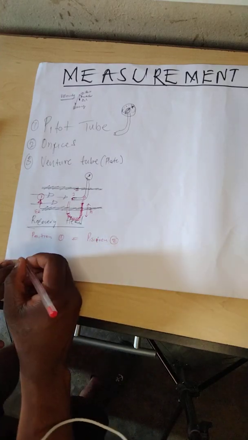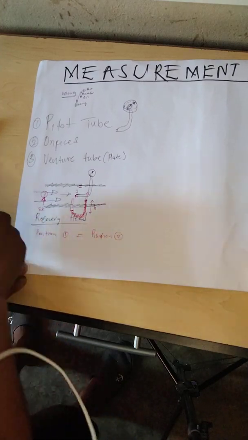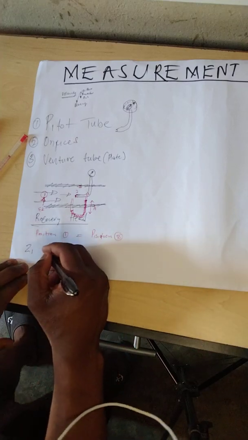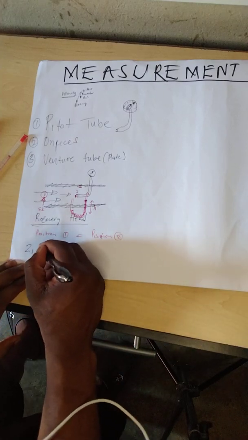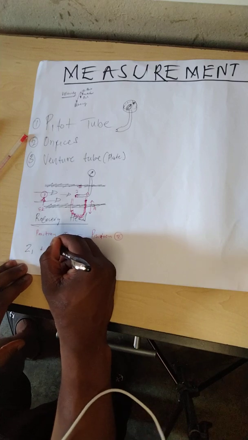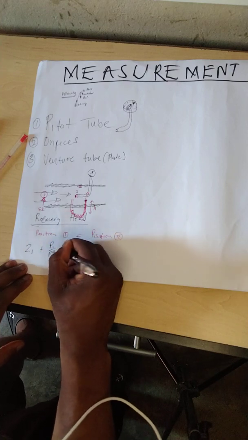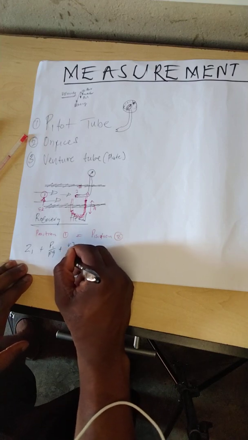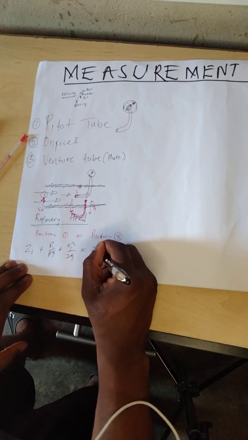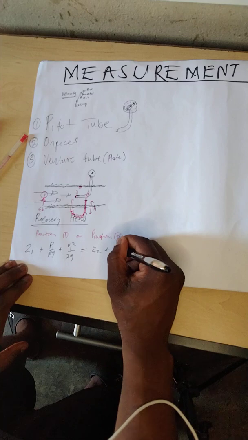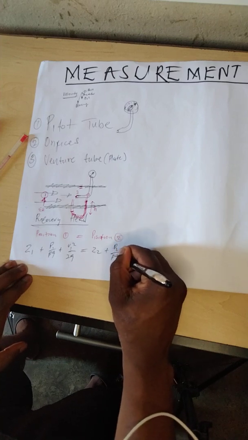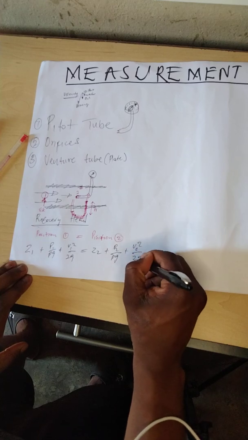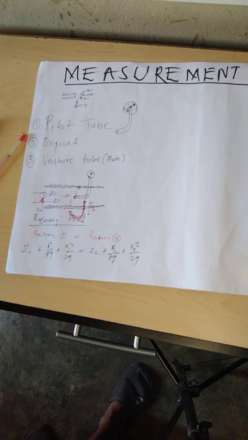So if that is the case, we're still going to use our beautiful formula of Bernoulli, where we say Z1 plus P1 over rho G plus V1 squared divided by 2G equals Z2 plus P2 over rho G plus V2 squared over 2G. We're still going to use the same formula of Bernoulli.